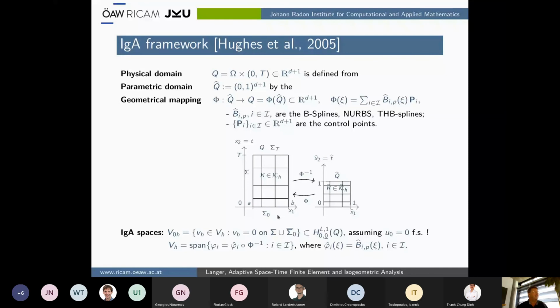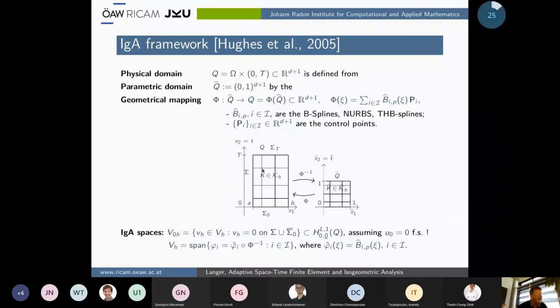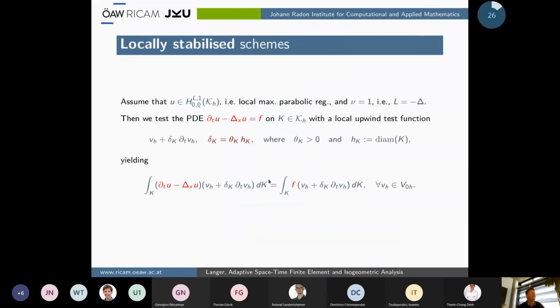So what I can do then, again, I assume that I have maximal parabolic regularity at least locally, and every such parent cell K is such a parent element. It's not the same as the final element, only in the case p equals 1, in the bilinear function, for instance. And calligraphic K is the set of all these elements.